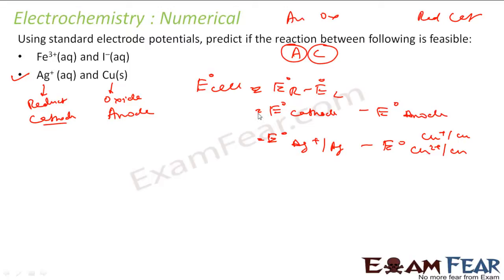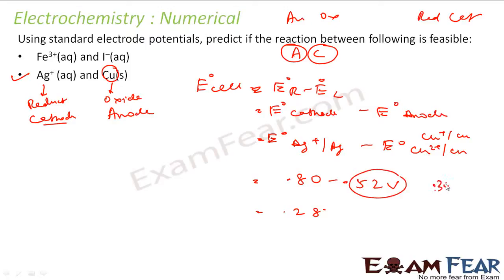It is not given what kind of reaction will follow, because copper is getting oxidized. It can oxidize to Cu+ or Cu2+, we don't know. So this is 0.8 volt and this is 0.52. We solve this, you get 0.28 volt. Even if you take the other one, instead of 0.52, it is 0.34 volt.